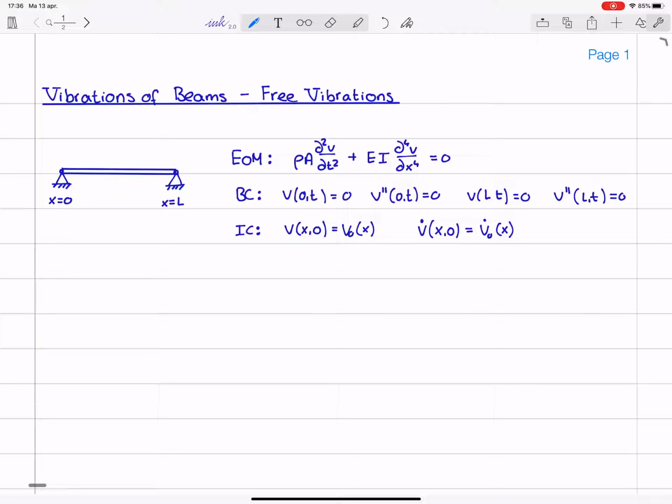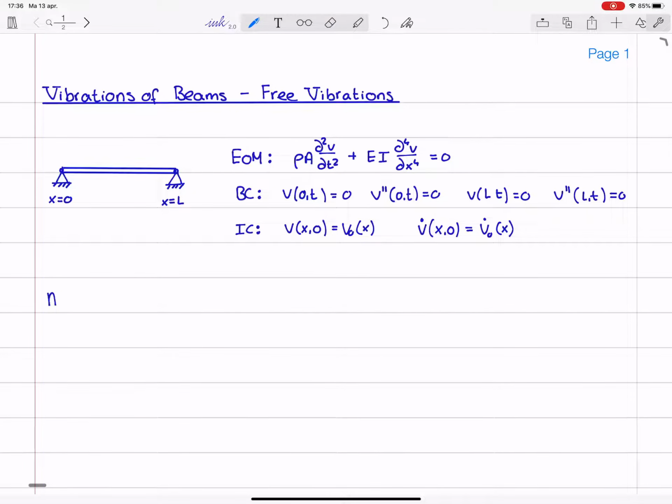What we are going to do is make use of this powerful technique that we have seen before, and that is modal analysis. The cornerstone of modal analysis is the modal expansion, where we write the solution for the displacement field V as an infinite sum, the sum of n is 1 to infinity of Vn times eta n, where Vn is a function of x only and eta n is a function of time only.